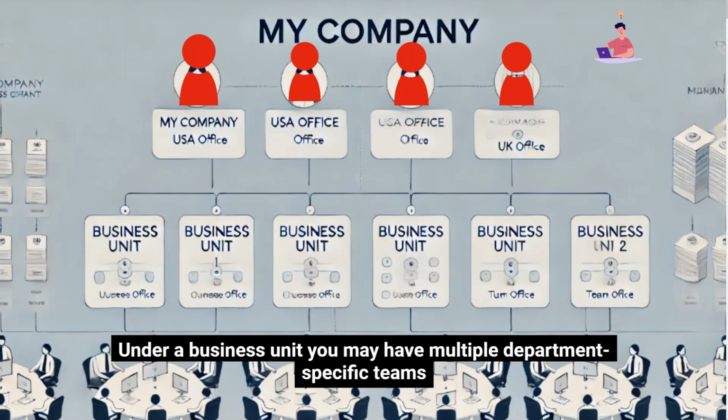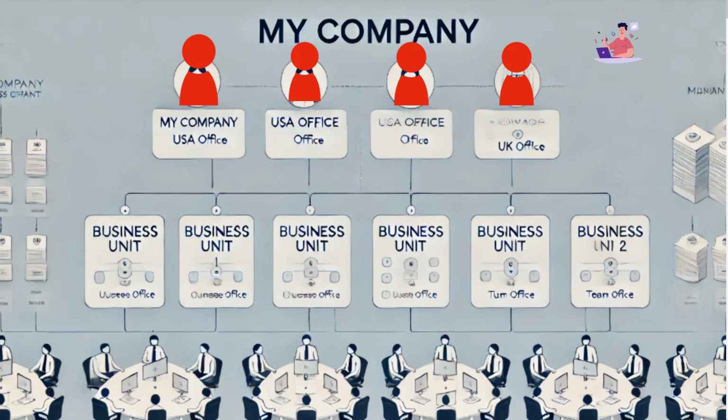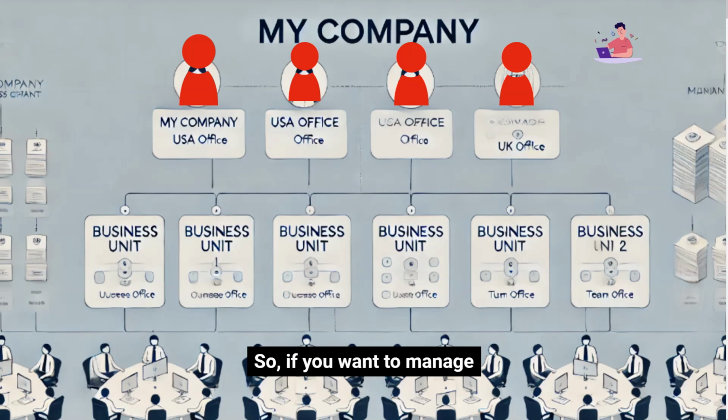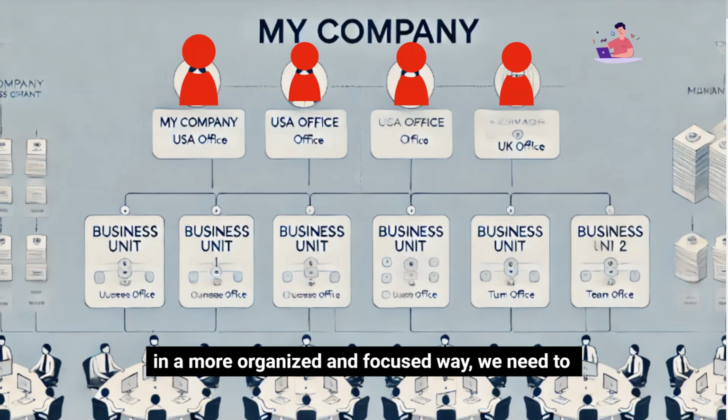Under a business unit, you may have multiple department-specific teams. This is the Power Platform team, not the Microsoft collaboration and communication chat-based Teams. Under each team, we will have a group of employees to perform their tasks with Power Automate and other resources of the Power Platform.